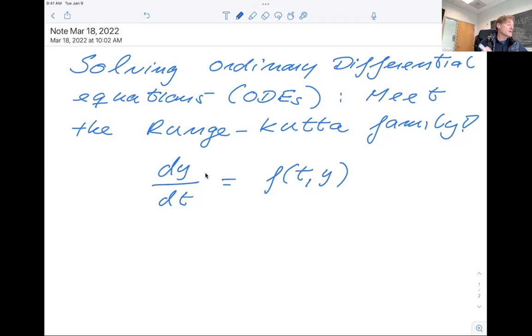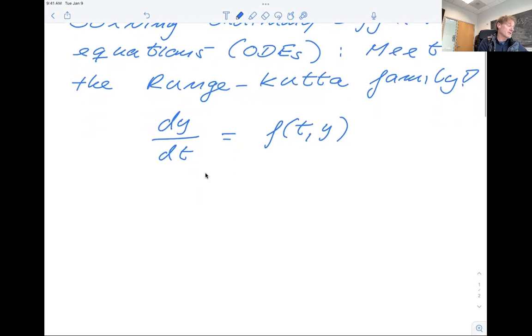So when we use one of the fundamental theorems of calculus, we know that when we integrate this up, y of t is given by an integral over f of t', y of t' dt'.